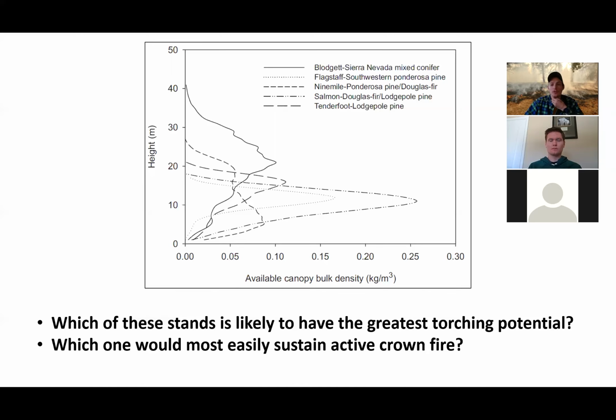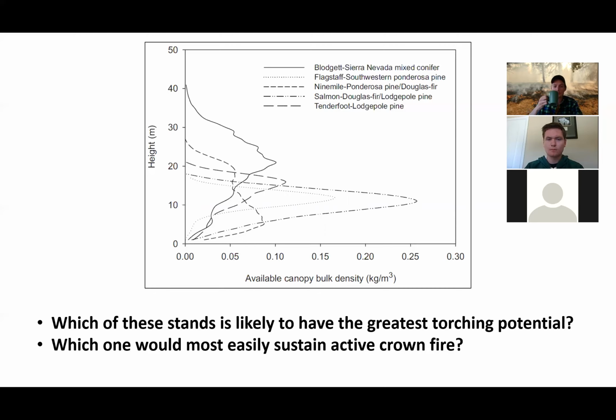They can also tell you a lot about what the actual forest structure looks like. This is a plot from the Reinhardt 2006 paper that is up on Canvas if you're interested in checking it out, where they destructively sampled all these stands. So these should be pretty good measurements of the actual fuels that were there, and then we can draw all these different plots for the different stands.